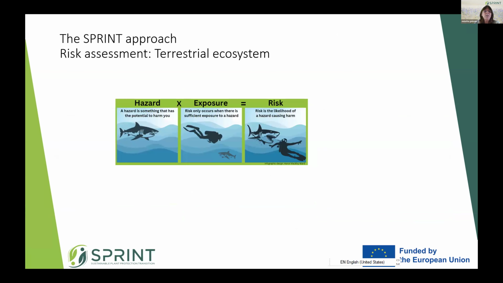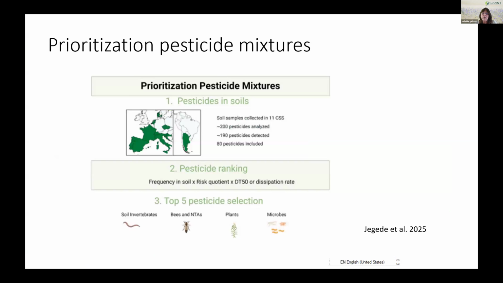But what does it mean to us? From hazard to risk: hazard times exposure is risk. We will show you now the approach of SPRINT. How did we come from hazard to risk? Our colleague Jäger already published this paper together with our colleagues from Switzerland. We found, as we said, a lot of pesticides, up to 26, in the soil environment.